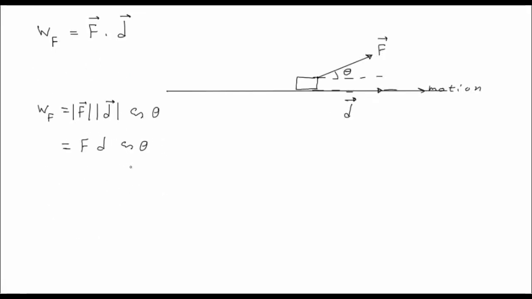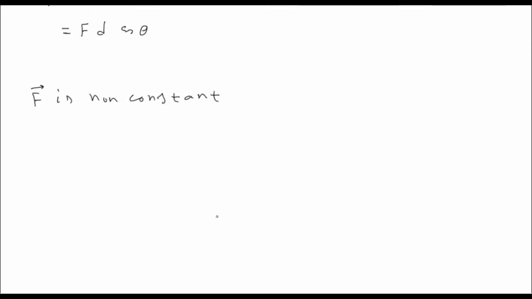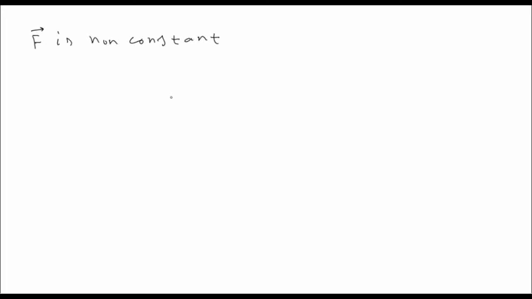Now, if F is a non-constant force, acting on an object through its travel from point 1 to point 2 on this path, where the position vector of the object at point 1 is this vector R index 1.